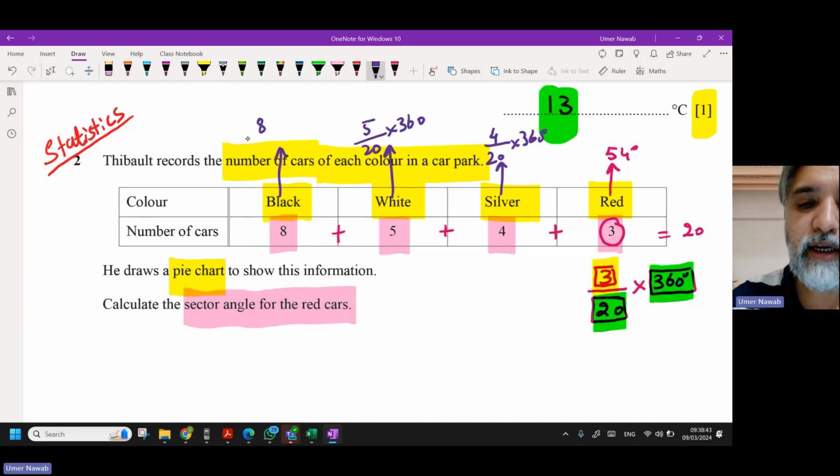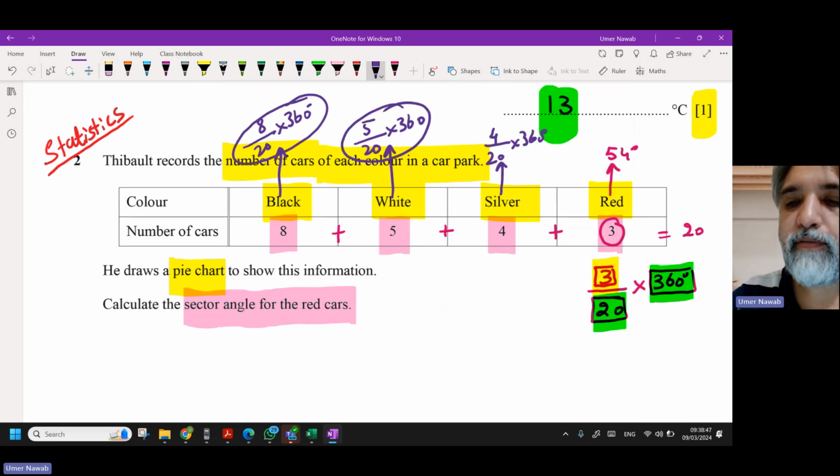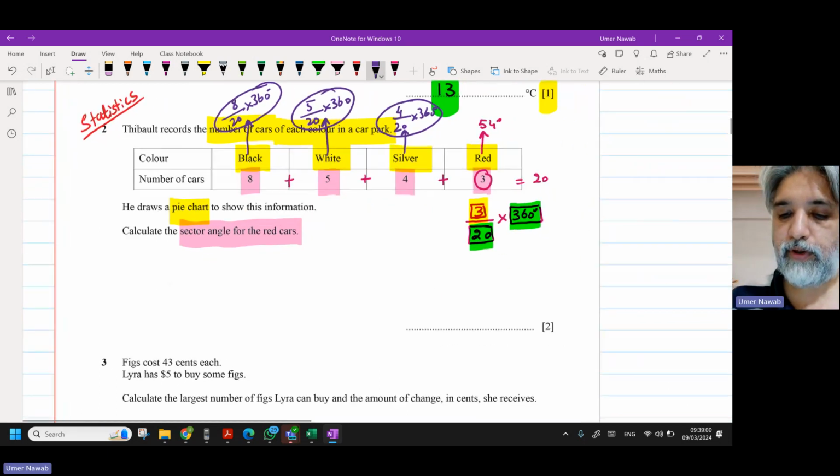And for black it is 8 over 20 times 360 degrees. So all the angles you can find, and then you can make them in a circle. You get a pie chart. Is it clear, guys? So our answer is 54 degrees. So 1 mark for this and 1 mark for this.